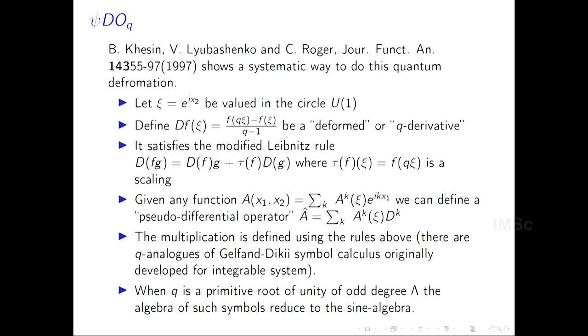And then there's a very nice calculus for such pseudo-differential operators, which is the q-analog of the Gelfand-Dickey symbol calculus. And so using all this, you can give a precise justification for that sine algebra trick. So I just wanted to mention this to place it more in the context of this conference.